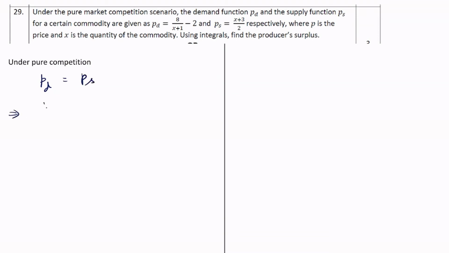This implies 8 by x plus 1 minus 2 equal to x plus 3 by 2.